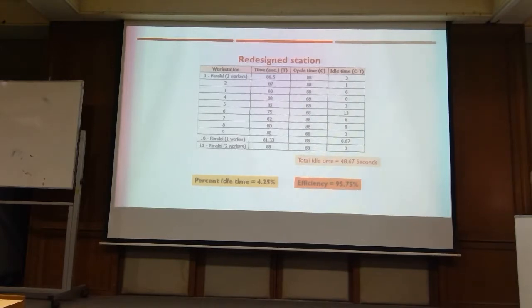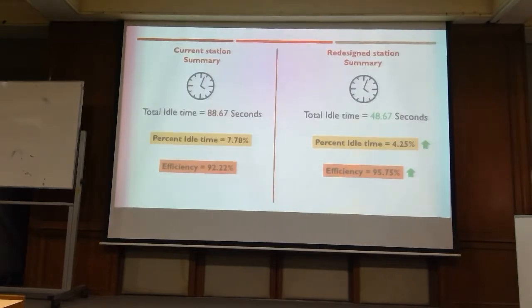Next, if we calculate the cycle time of the redesigned station, the idle time is only 48.67 seconds, the percent idle time will be 4.25%, and the efficiency will increase to 95.75%. If we compare this number to the current station, you will see that the redesigned station improved a lot.